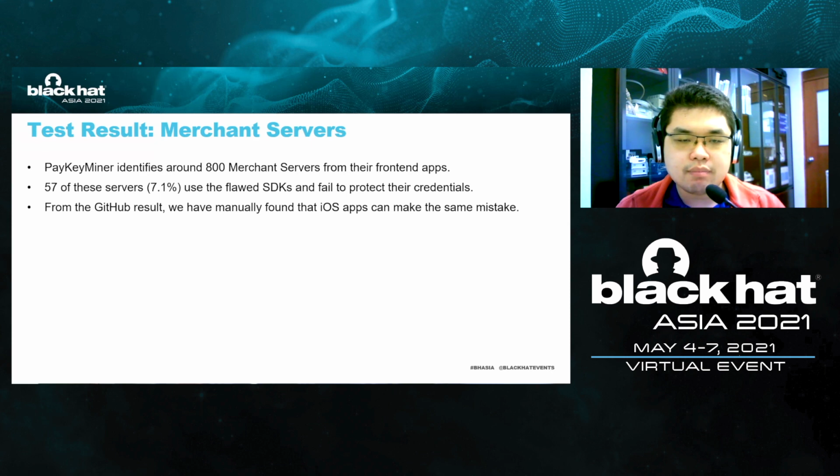Notably, 7% of these tested servers are vulnerable, meaning that they use the flawed backend SDK provided by the cashiers and do not forbid access to their credential files. As the backend SDKs are the same for either Android or iOS apps, iOS apps can make the same mistake, and we have found such cases manually in the collected GitHub repositories.